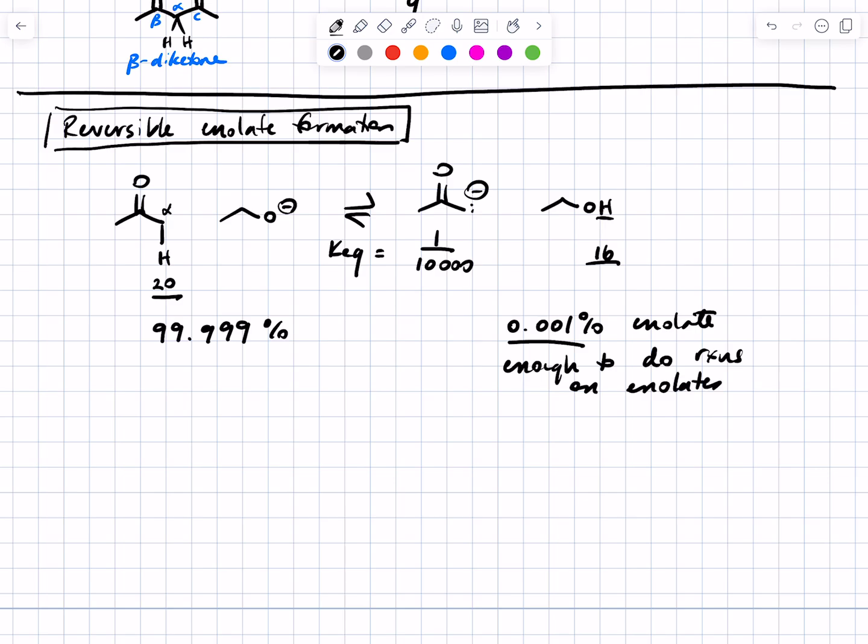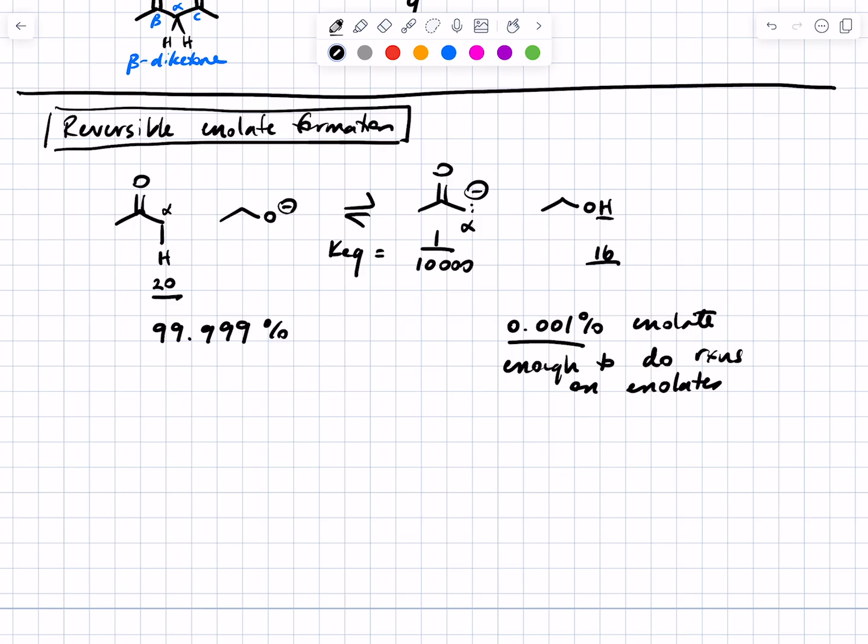For example, we could react an enolate with some electrophile and have the enolate attack that electrophile and make a new bond. And we're going to do that later. That's called enolate alkylation.